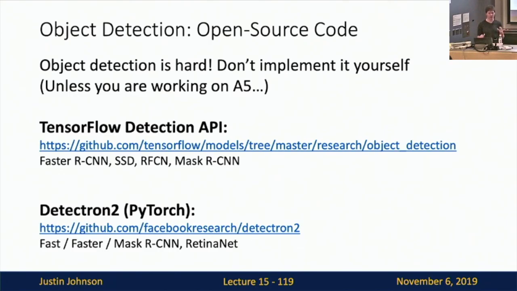In practice, there's a bunch of really high quality open source code bases that do object detection now. And if you find yourself needing to do object detection, you should really consider building on top of one of these. Google has this TensorFlow Object Detection API that implements pretty much all of these different object detection methods in TensorFlow. And Facebook, of course we like PyTorch in this class, just released, like a month ago, a brand new object detection framework called Detectron2, which implements all of these methods in PyTorch.